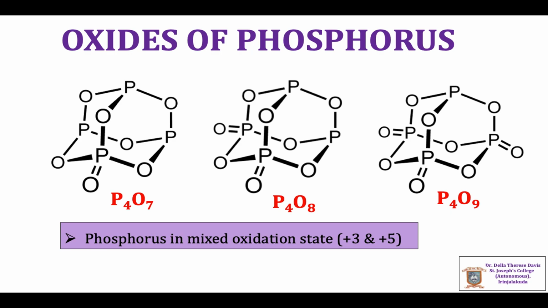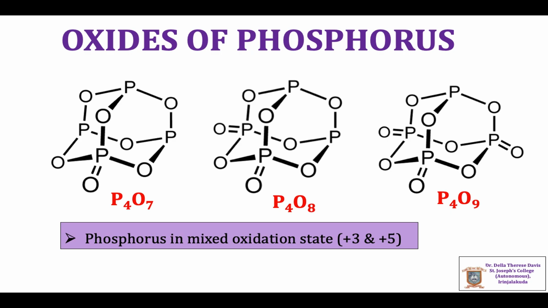The phosphorus atoms to which terminal oxygens are attached have an oxidation state of +5, and those to which only bridging oxygens are attached will have an oxidation state of +3.